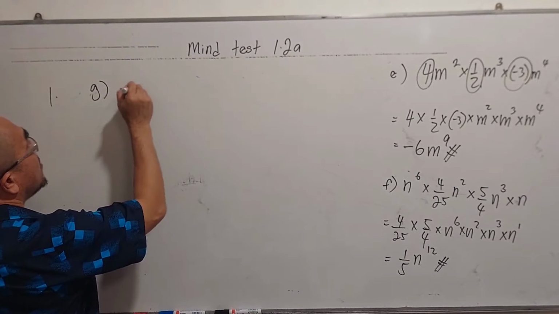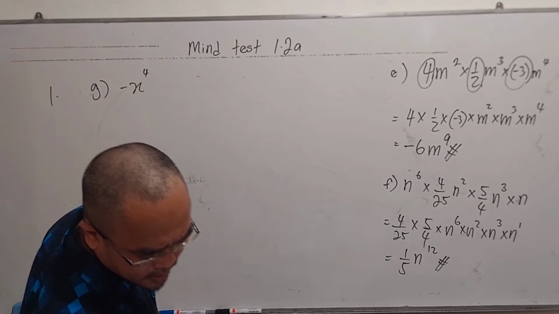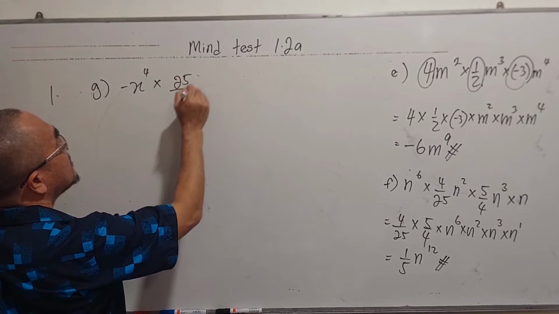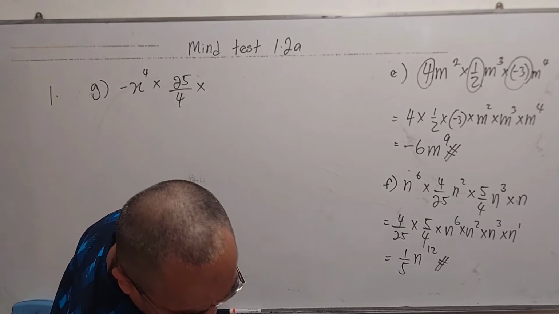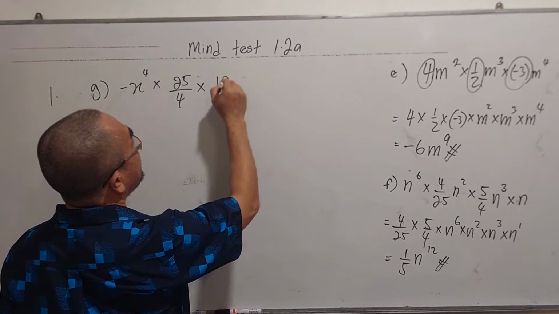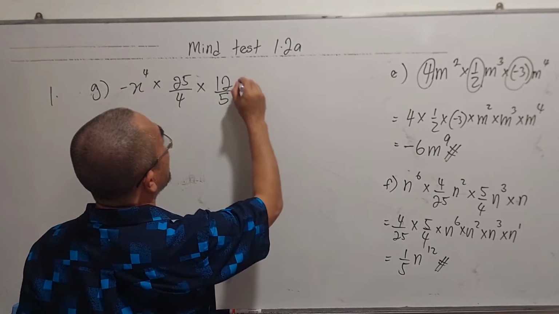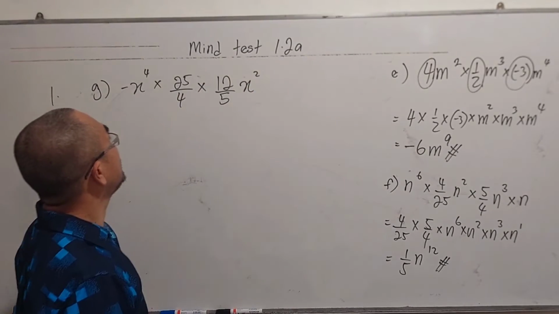Negative x to the power of 4 times 25 over 4 times 12 over 5 times x to the power of 2.